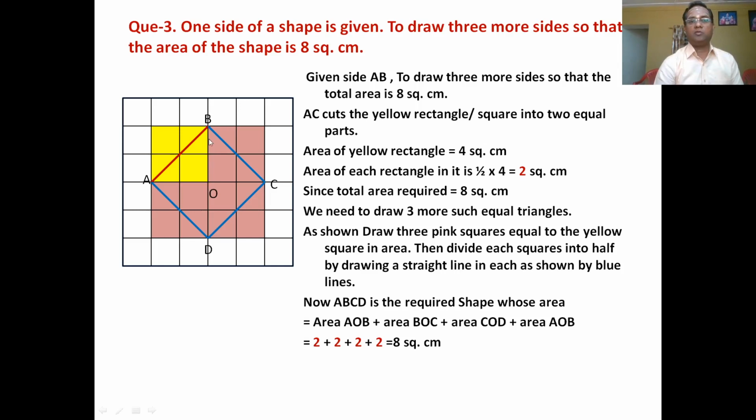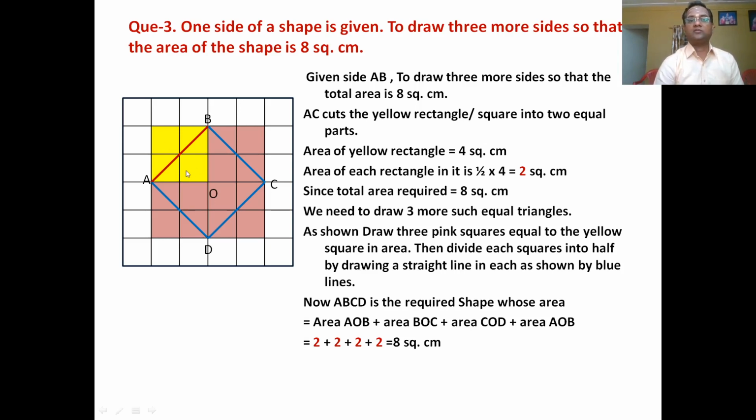I'll just drop a perpendicular line BO here and a perpendicular AO, and if you find the area of this triangle, AOB will be equal to half the area of the square here.